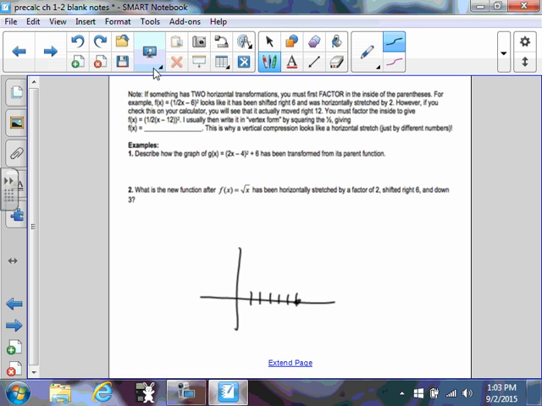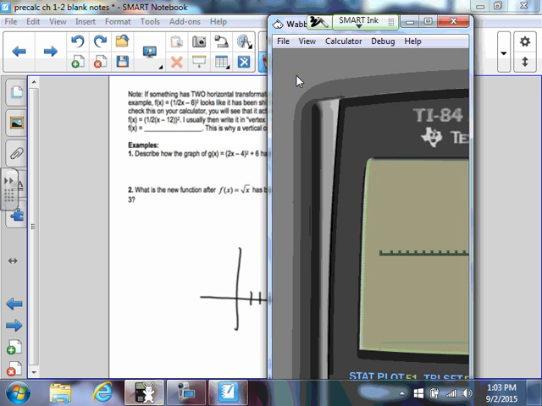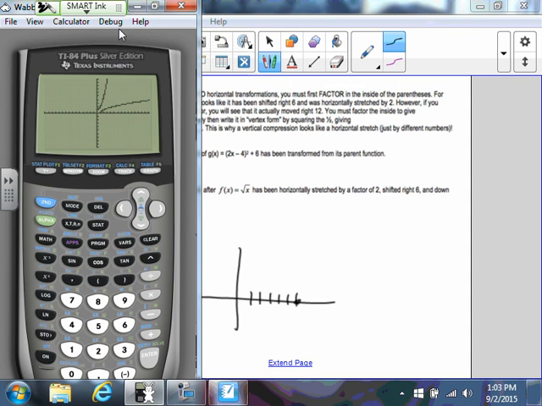So go ahead and get your calculator out, and we'll put this in. Oh, I'm still in parametric from the other day. All right, function. Okay, so clear. All right, so I'm going to put in parentheses 1/2, so I'm just going to do 0.5 because I'm lazy.